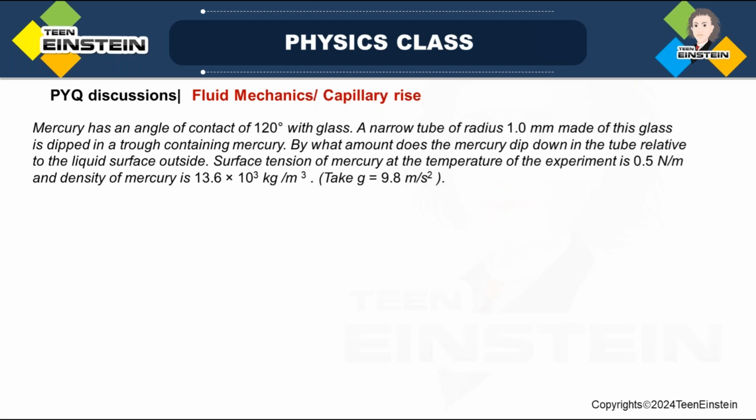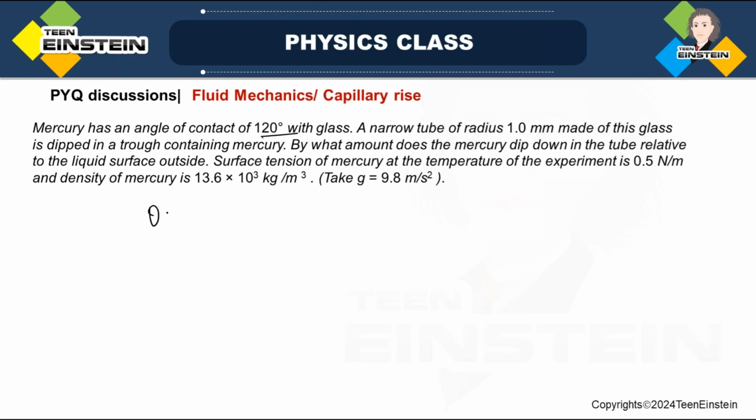Let me go to the next problem. So this problem is again very interesting. Let us first read that and try to solve it. This question says mercury has an angle of contact 120 degree with glass.